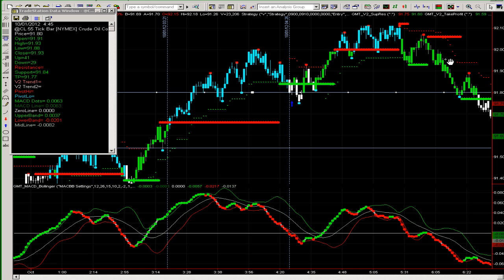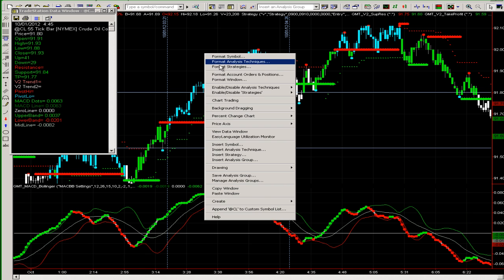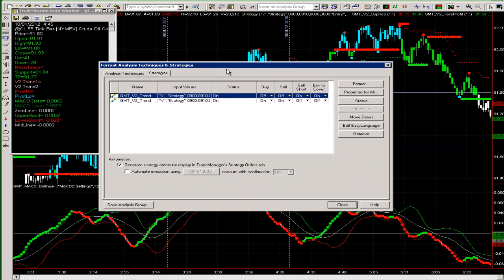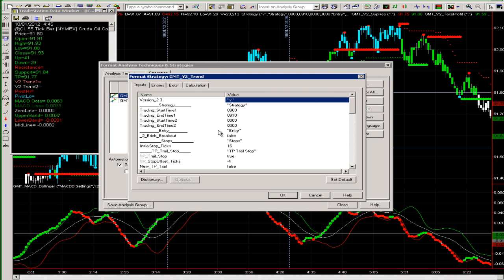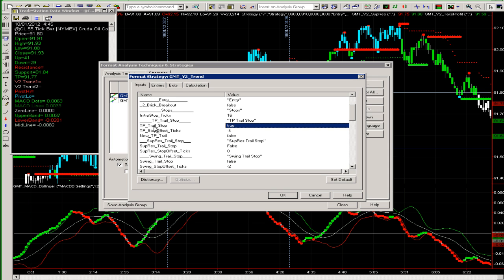So if you do test up your system and you go into your system and you go format strategy and you go, right, well, okay, I've got this trail TP, new TP, what does that mean? Well, if you set it to new TP true, it'll take you out exactly how the system is supposed to take you out.